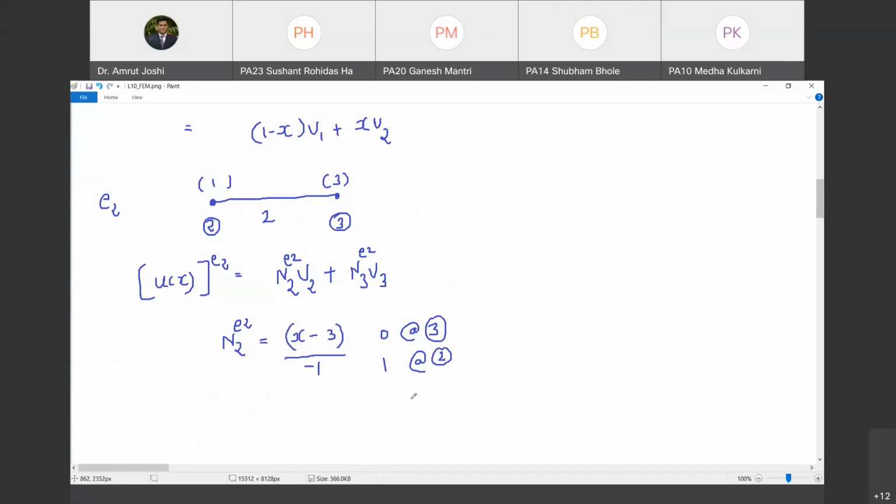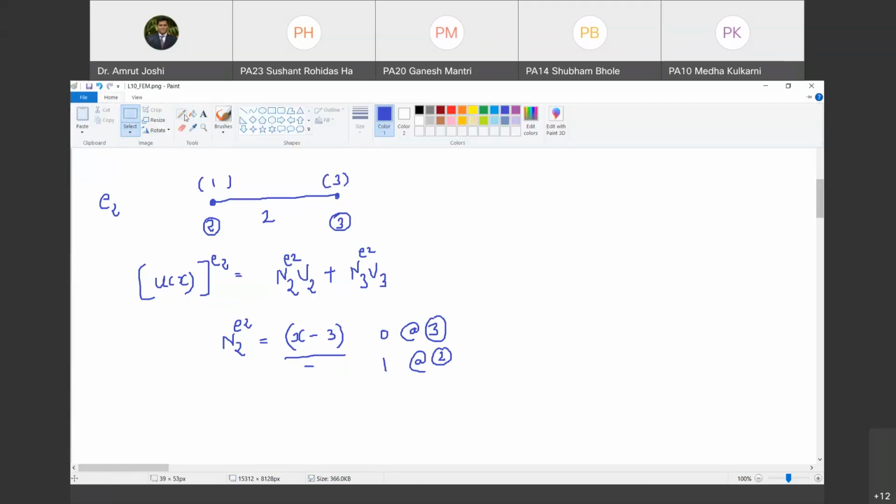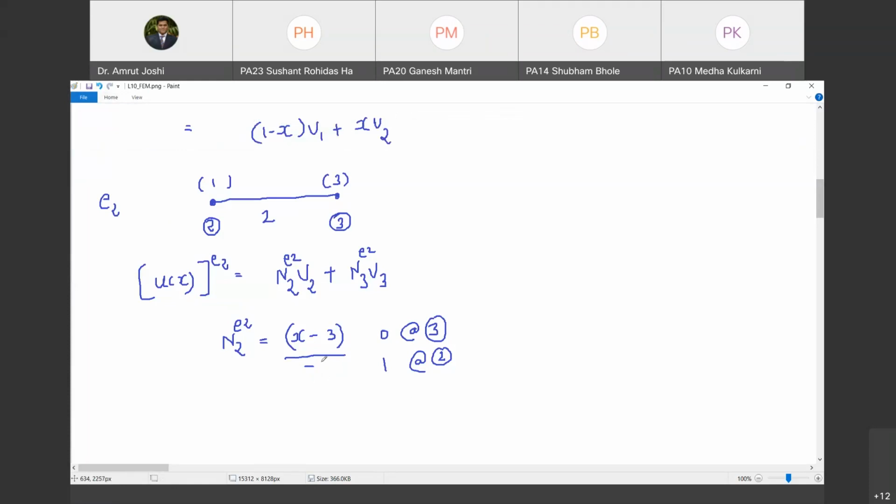Now see whether this is satisfied or not. If I substitute x is equal to 1, oh I am sorry, I have to write it as -2. No, that's correct. If I substitute x is equal to 1 here, 1 minus 3 is -2, -2 upon -2 is 1, so n2 becomes 1 at 2.